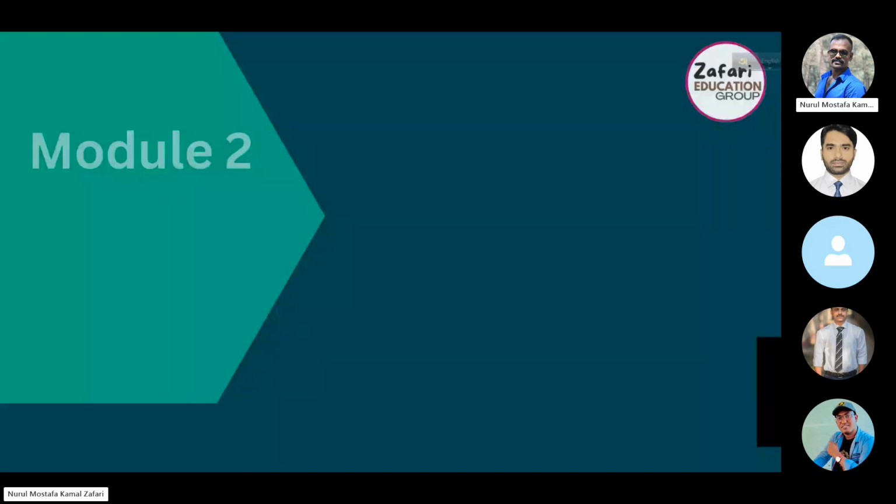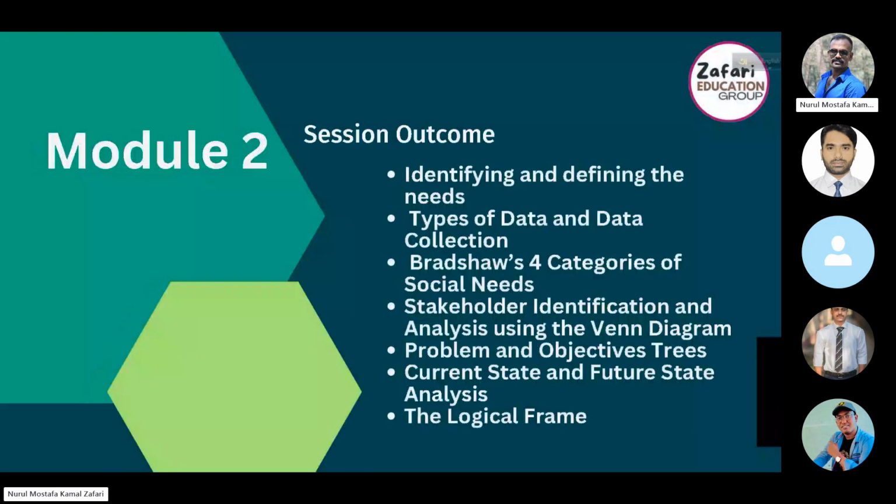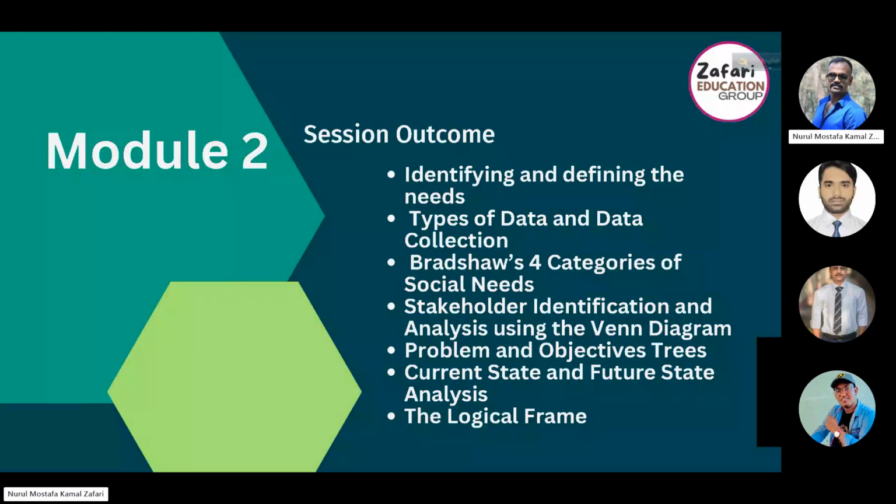In this module, we shall cover identifying and defining the needs of a project, types of data and data collection, and Bradshaw's 4 categories of social needs. We shall discuss stakeholder identification and analysis using the Venn diagram. We shall discuss problem and objective trees, and also current state and future state analysis and the logical framework.